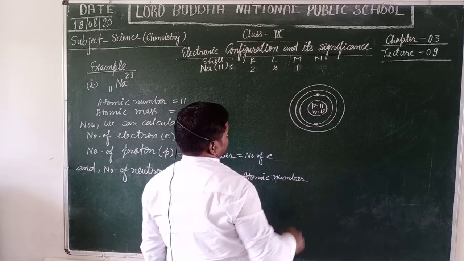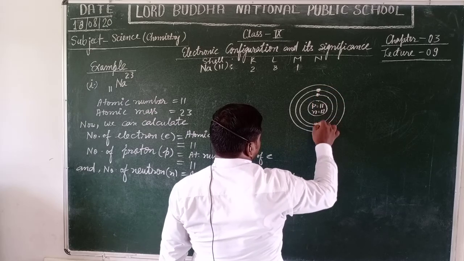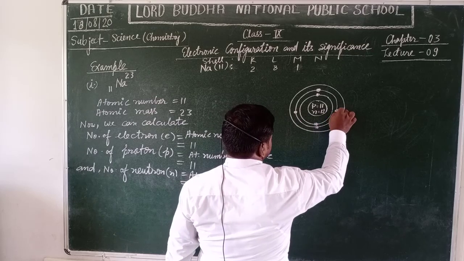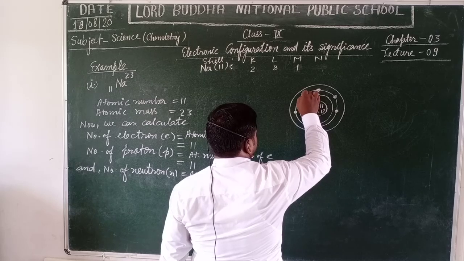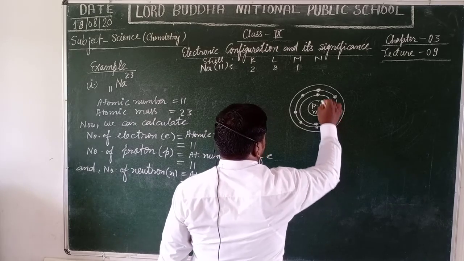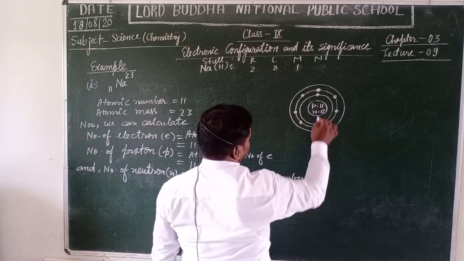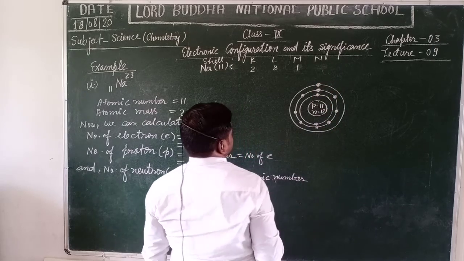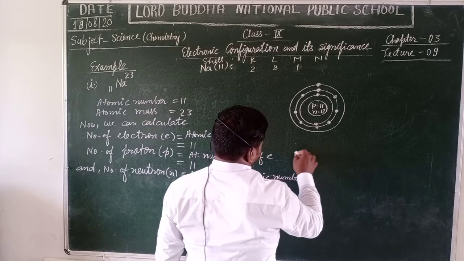And in the second energy level, there are 8 electrons according to the Bohr scheme, and here I represent the 8 electrons in the second orbital. And in the M shell or energy level, only 1 electron is present, which I represent here by this dot.